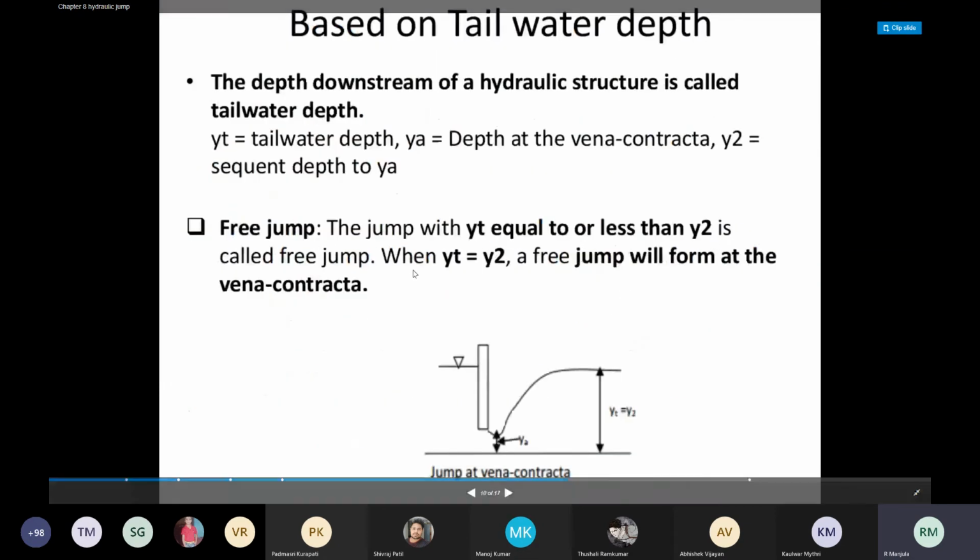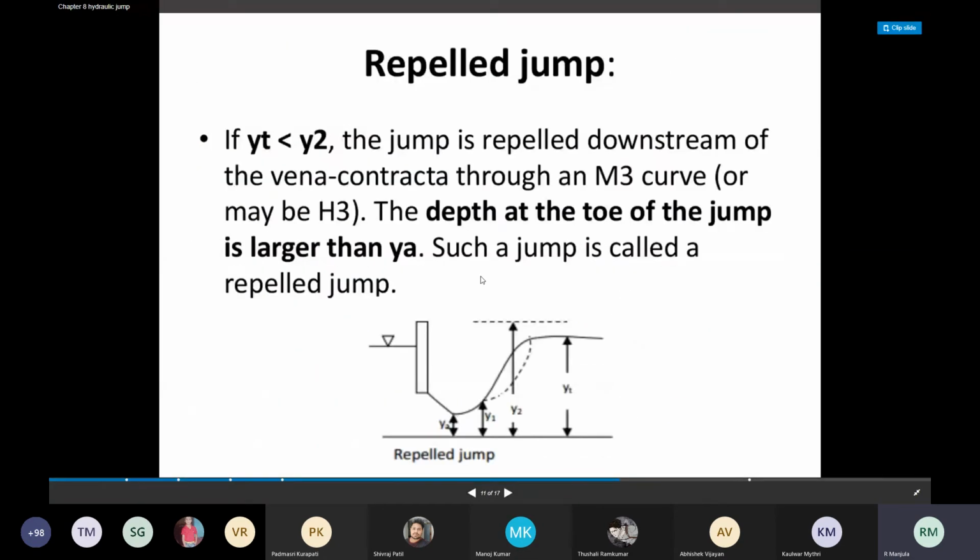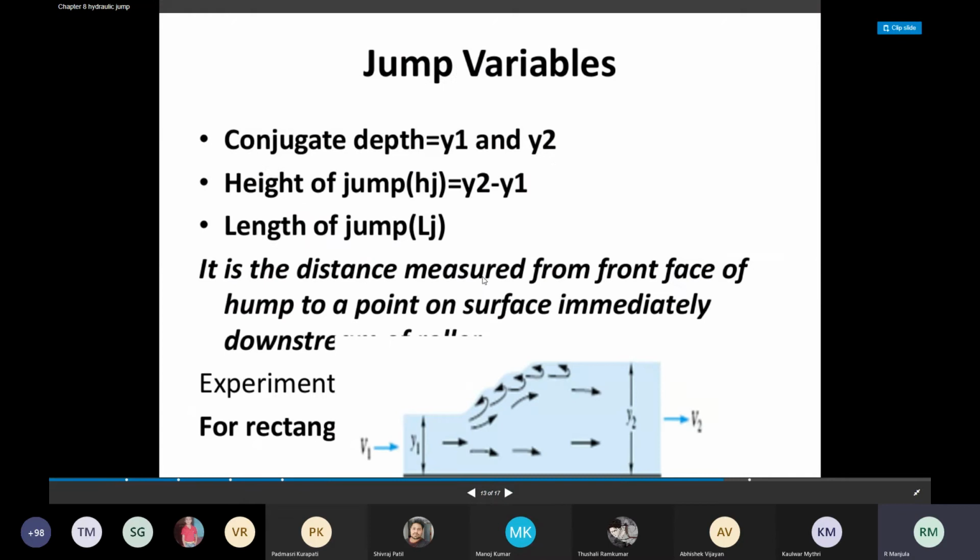So you can see here the conjugate depths are your Y1 and Y2, or alternate depths. The height of the jump is Y2 minus Y1 and your length of the jump is between these. This is your length of the jump.